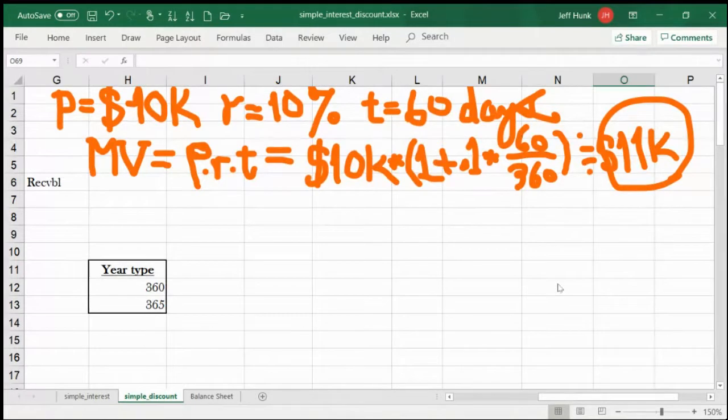You understand? If the seller sold, and it's actually called factoring, if the seller factored it on day one, the seller didn't take any risk to deserve that interest.